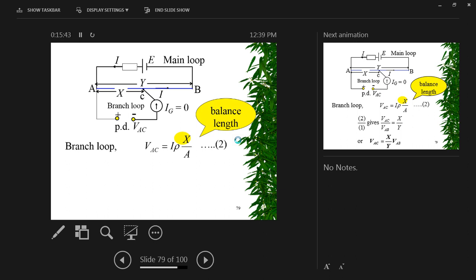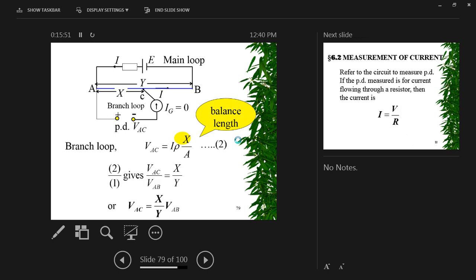So let's say the potential difference here is VAC, the same as the potential difference between point A and point C on the resistance wire. Then I can divide the first equation by the second equation that we got in the last page and get this expression here. This PD, which I didn't know earlier, is somehow related to the PD of the entire resistance wire by a ratio of the length x over y, which is very good and interesting, right?